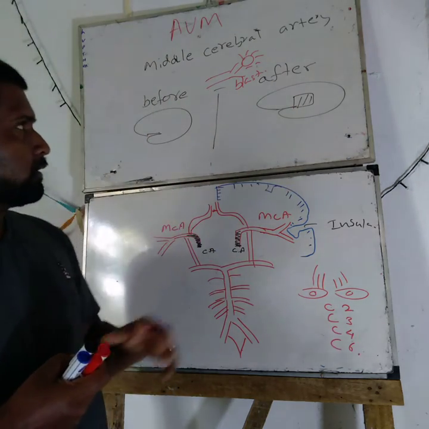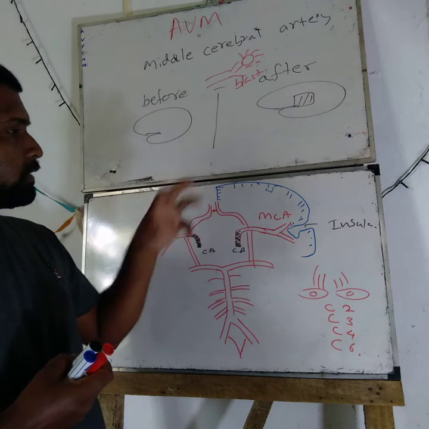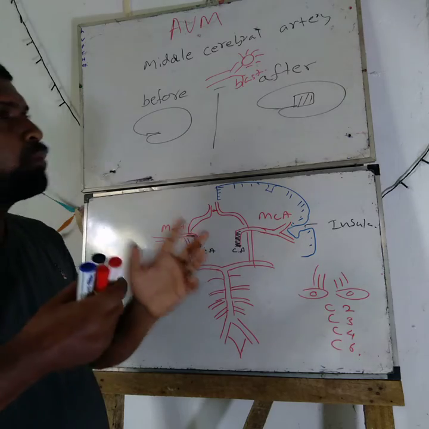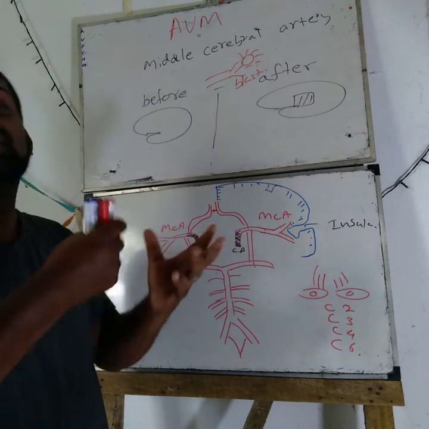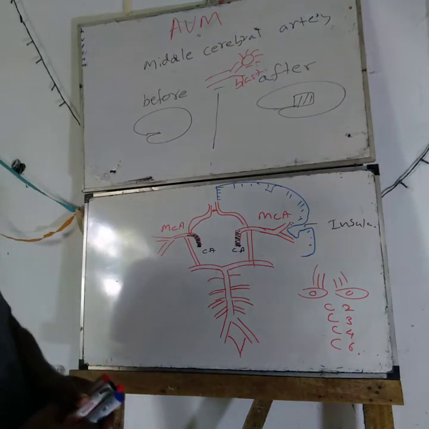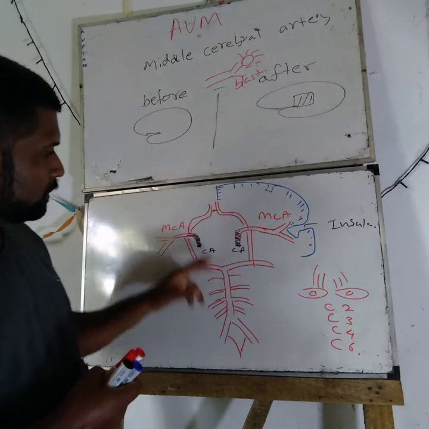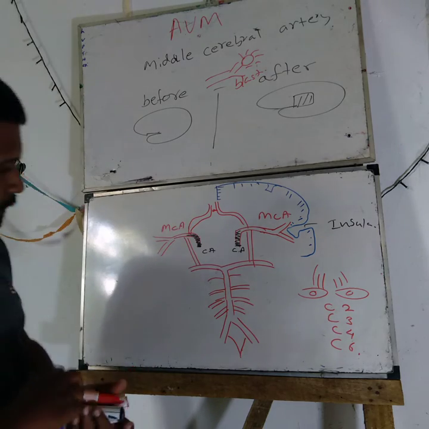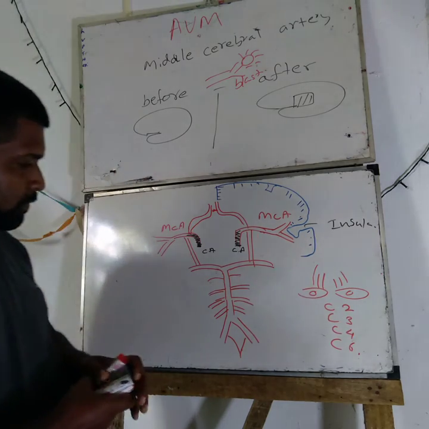Then how can we identify the second damage and third damage, and how is that brain corrected? Right? Today we discuss the circle of Willis. We will briefly discuss it.